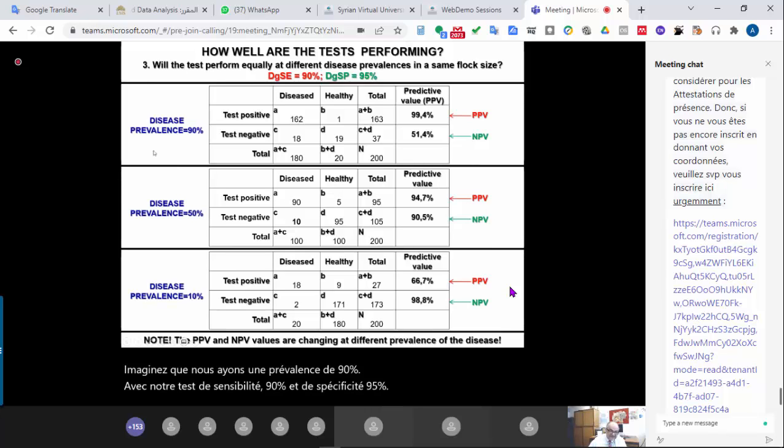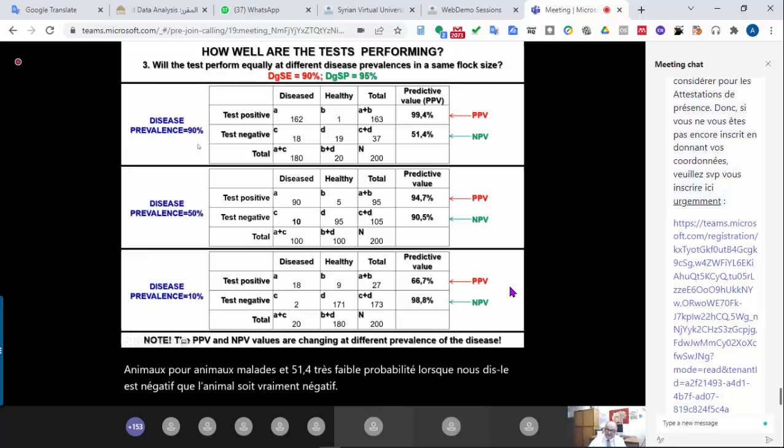So if 90% of the animals are sick, the predictive value will be 99.4% for positive animals, for sick animals, and 51.4%, a very low probability, when we say it is negative, that the animal is really negative.